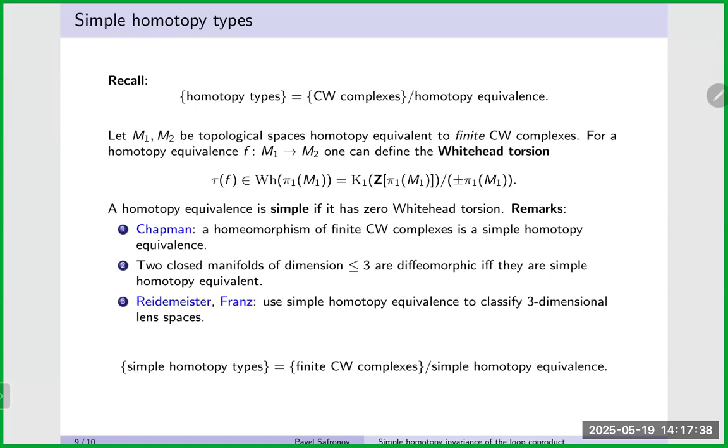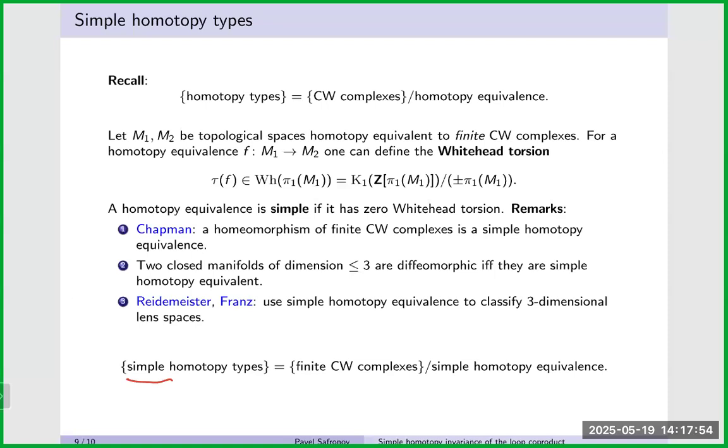What I want to explain is what are simple homotopy types. And simple homotopy types will be given by finite CW complexes up to simple homotopy equivalence. That's one model of simple homotopy types.